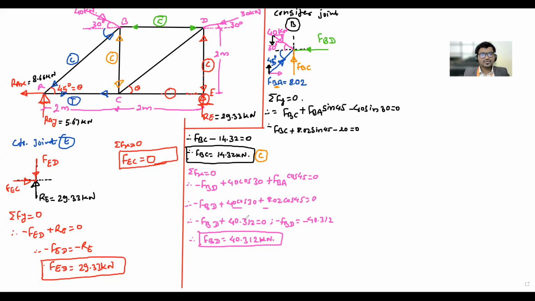Yes, sir. Okay. Now the question is whether to go for joint C or joint D. If you go for joint C, we have 1, 2, 3 and 4 members at joint C. Out of that we know the force in 3 members, so only one remains, which we can calculate easily. Or if we go to joint D, there are 3 members: horizontal, vertical and inclined. We know the force in the horizontal and vertical, so only the inclined one remains, meaning only one unknown.